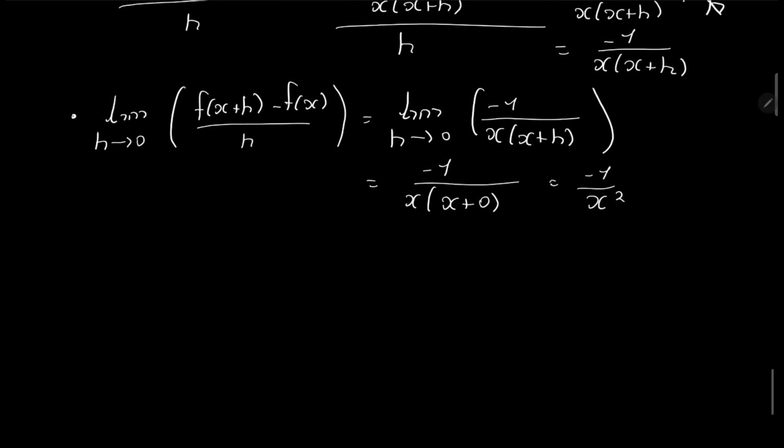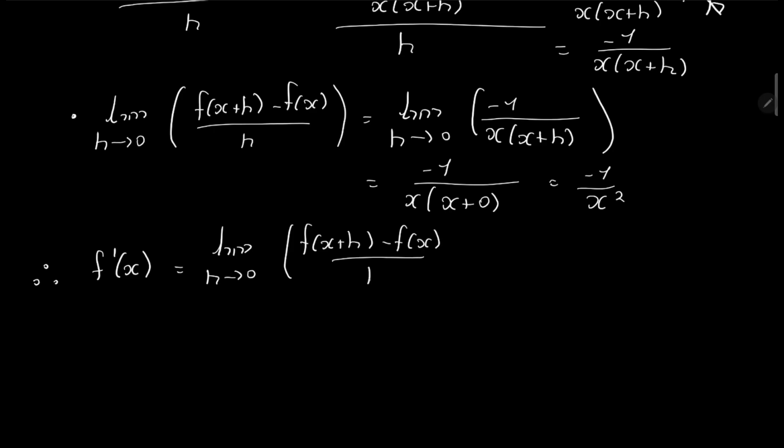So what can we then conclude? Therefore, f prime of x, which is the same thing as the limit as h tends to 0 of f of x plus h minus f of x, all that on h, is equal to negative 1 on x squared. Yes, so that is our conclusion.